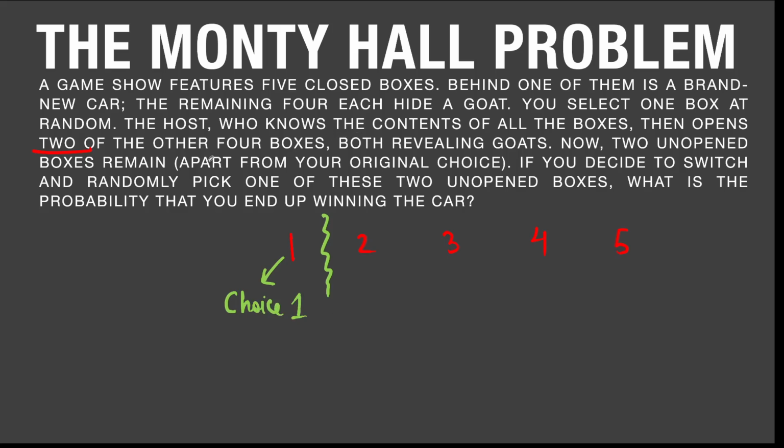Let's assume the host has opened second and third, both with a goat behind them. So, what is the probability of 4 or 5 having a car?